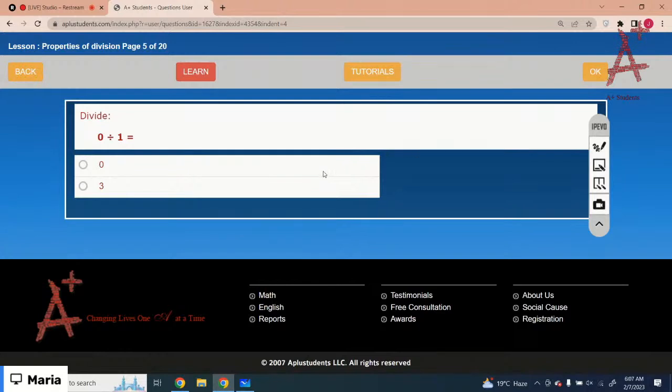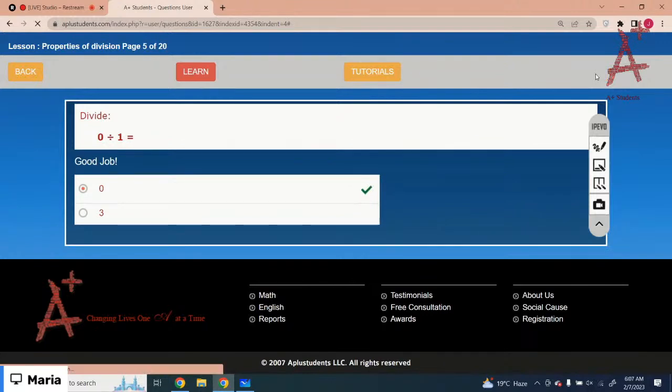Yes, 0 divided by 1 equals 0. 0 divided by any number equals 0.